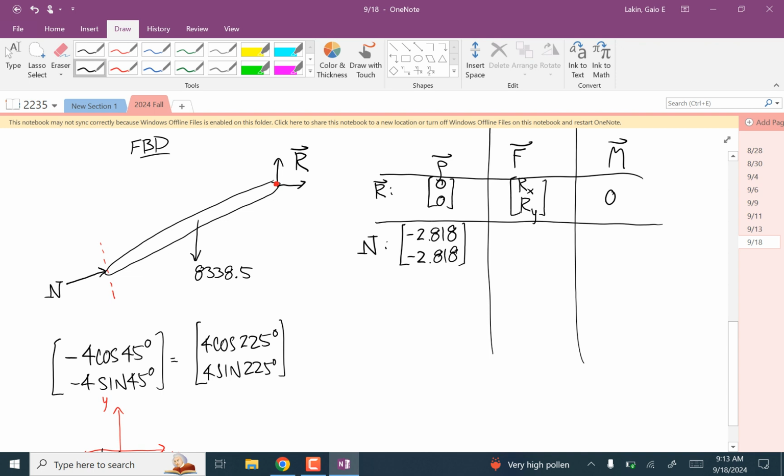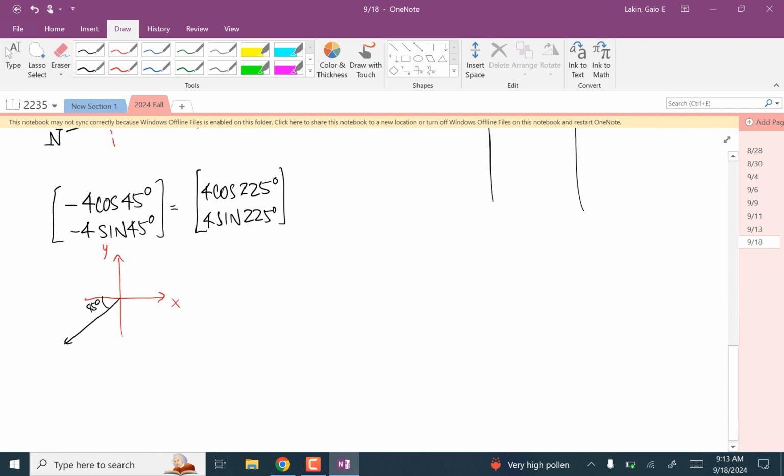Yeah. And now we have to deal with this force. And this is where this problem gets confusing. We use this angle of 45 degrees to get that row vector. But to come up with the direction of that force, that 45 degrees doesn't mean anything. All that matters is the direction perpendicular to that slot.